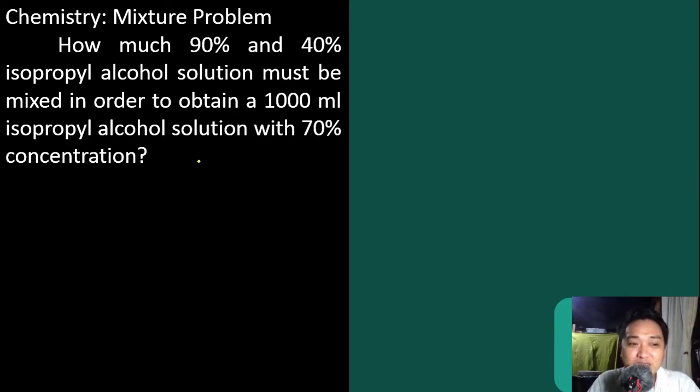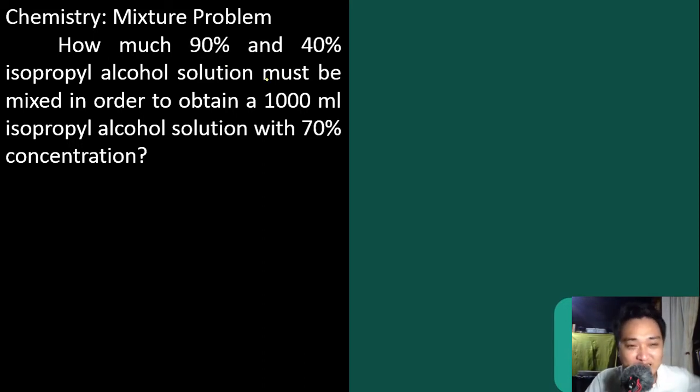So, para mas maging efficient pa rin at effective pa rin yung alcohol solution natin, ang tendency, paghahaluin natin yung dalawang alcohol solution. Ang objective natin, kailangan maging 70% concentration siya or maging 70% alcohol solution na pinaghalong 90 and 40%.